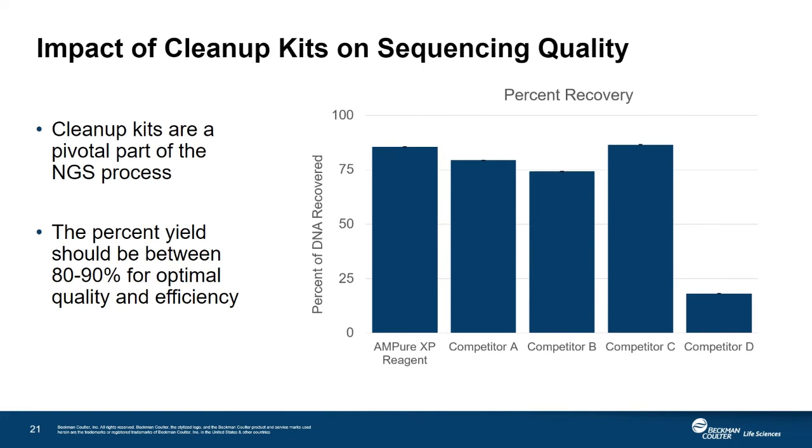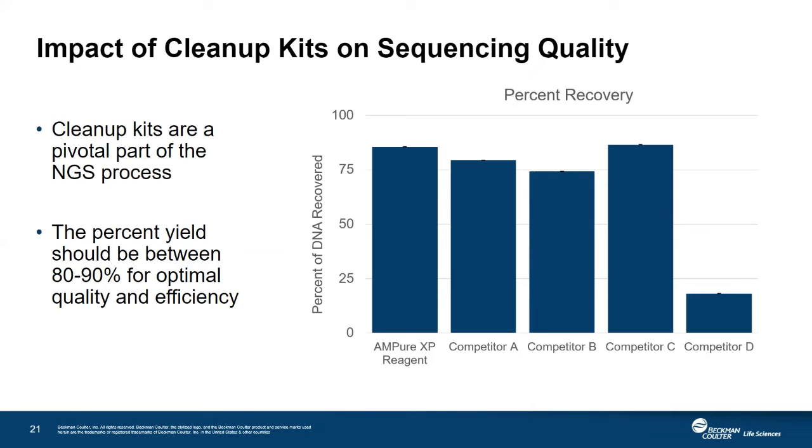The impact of cleanup kits on sequencing quality is really key. This to me is one of those perfect examples of garbage in, garbage out. And so cleanup before NGS is really quite pivotal. If you don't input enough sample or a high quality sample into your NGS workflow, you're going to see that reflected in the results that you get.